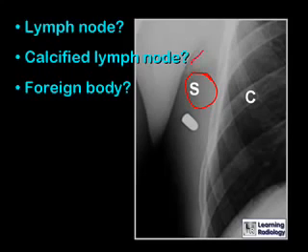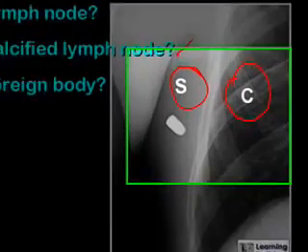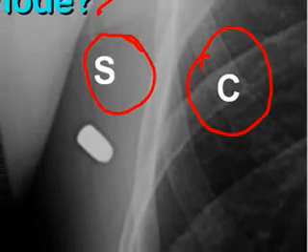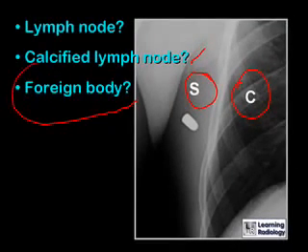It's not a calcified lymph node, because this is the density of calcium in the ribs, and it's denser than that. And yes, if you correctly identified this as a foreign body, you'd be correct, and if you identified it as a bullet, you would be even more correct. So this is metal density.